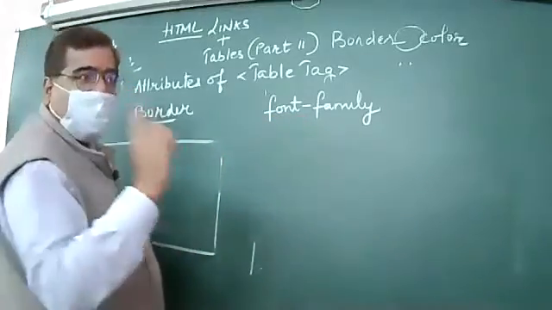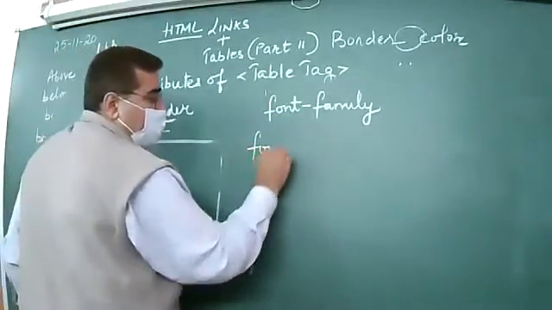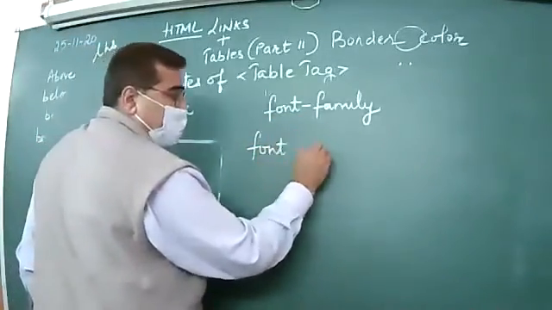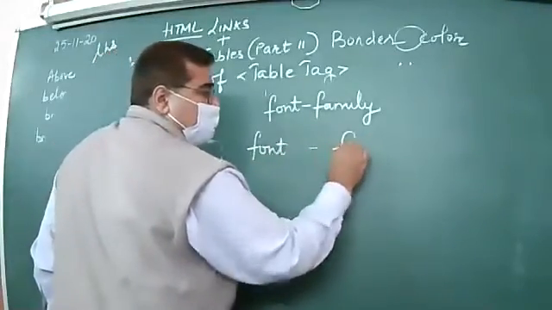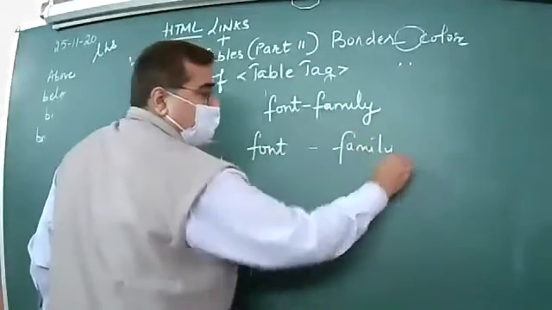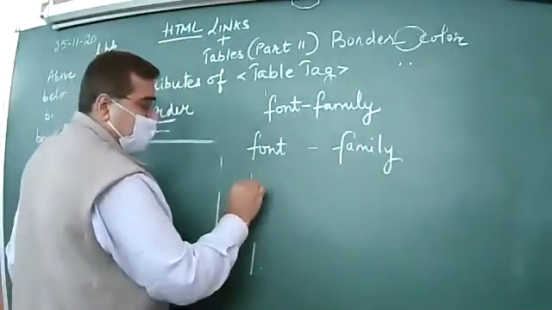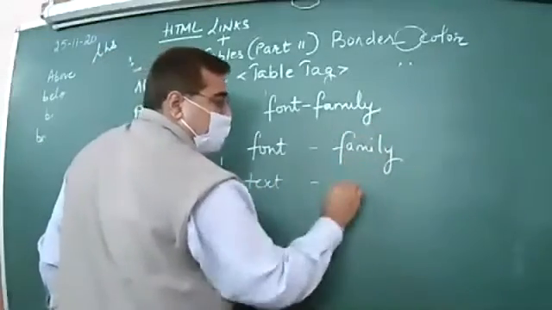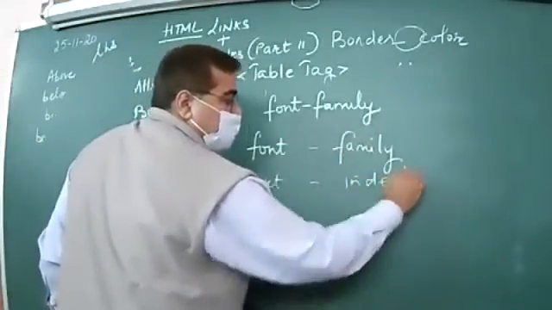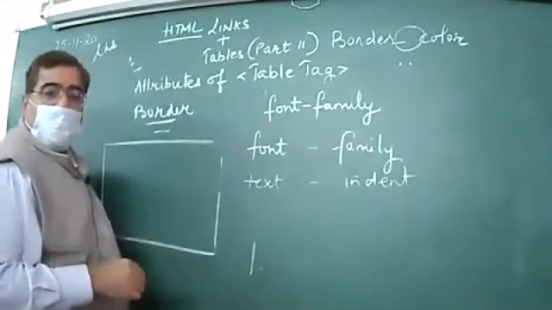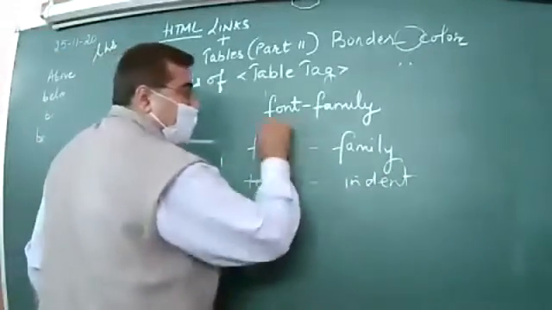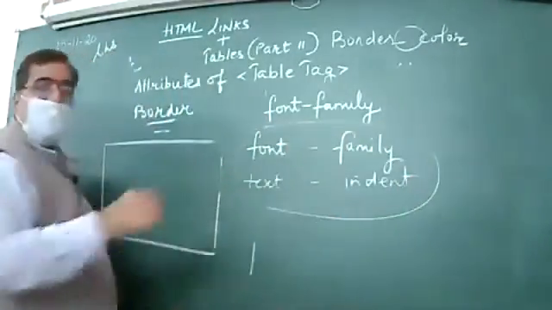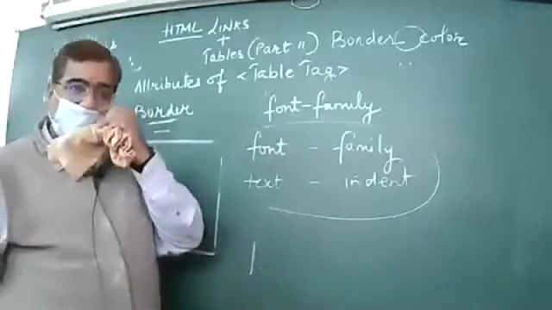What 10th A has written? Font, then space, then hyphen, then space, then family. And space is increasing as per their wish. Altogether, it will be incorrect and it will be resulting in deduction of marks.